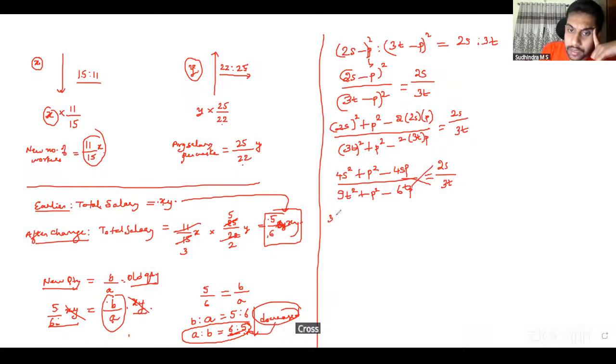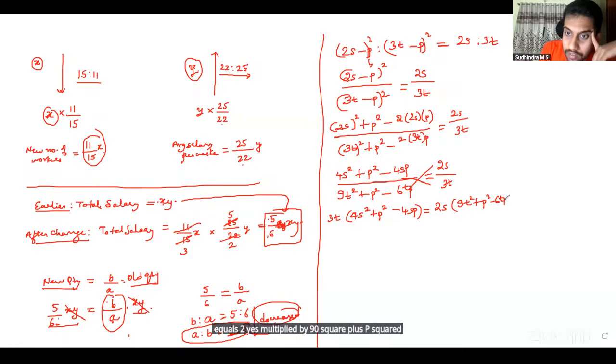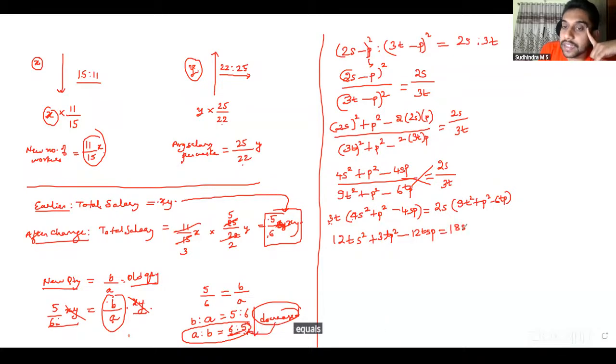Cross multiply. 3t multiplied by 4s square plus p square minus 4sp equals 2s multiplied by 9t square plus p square minus 6tp. 3t into 4s square, 3 fours are 12ts square, plus 3 into tp square, minus 4 threes are 12tsp, equals 18st square, 2s into p square, 2sp square, 2s into minus 6tp, minus 12stp.